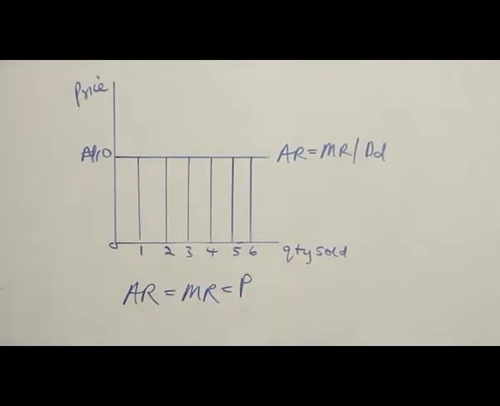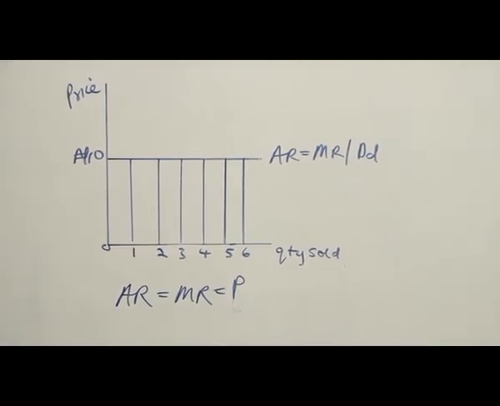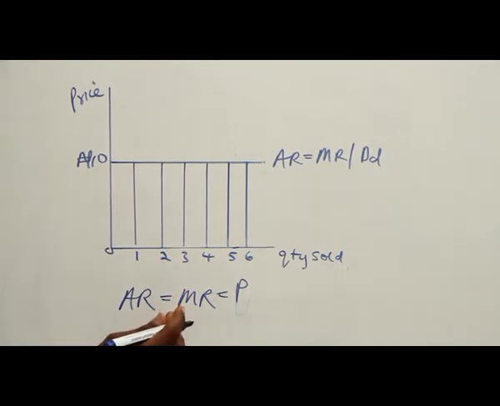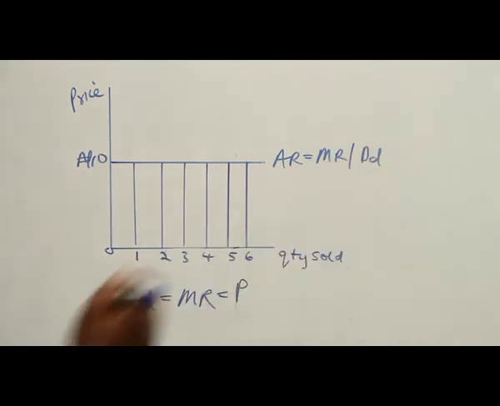When we are analyzing perfect markets, again, average revenue equals marginal revenue equals price. And that average revenue or marginal revenue curve is the same thing as the demand curve of perfect markets.